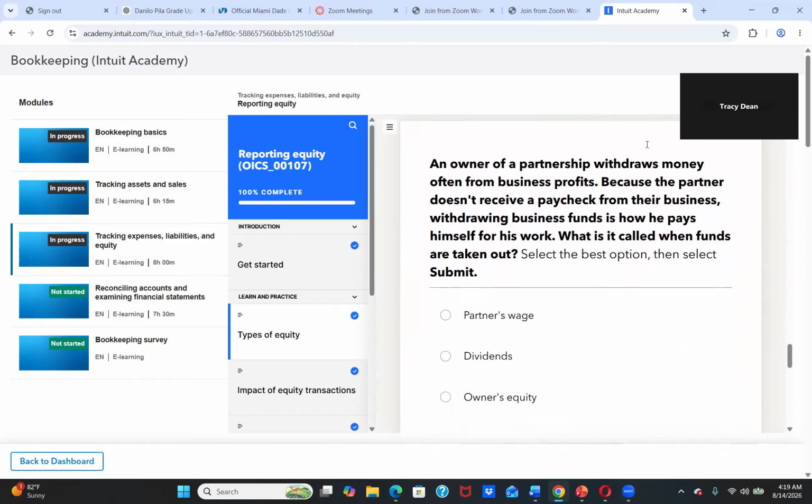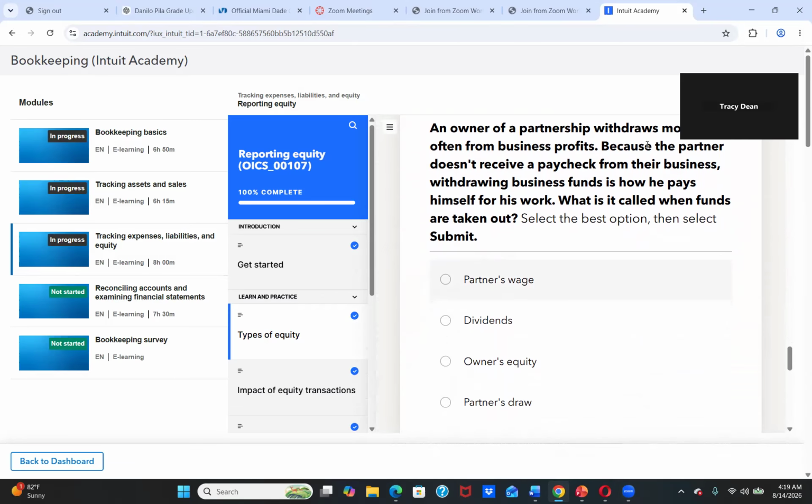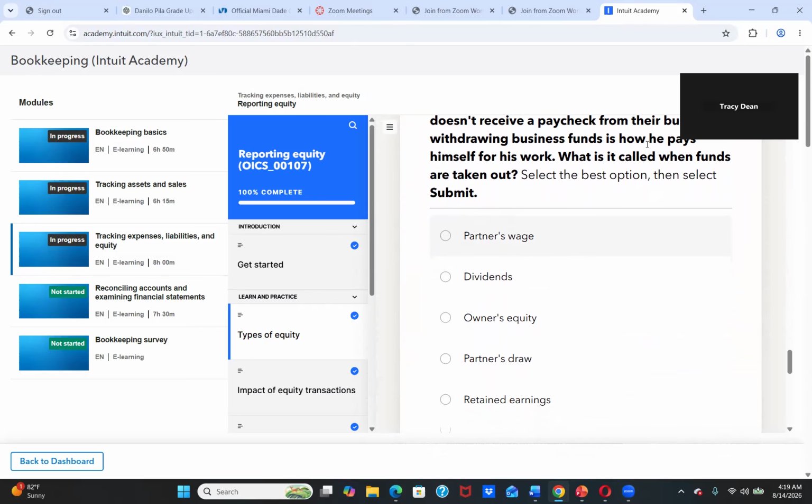So let's go over the first question. An owner of a partnership withdraws money often from business profits, because a partner doesn't receive a paycheck from their business. Withdrawing business funds is how he pays himself for work. What is this fund called when funds are taken out?